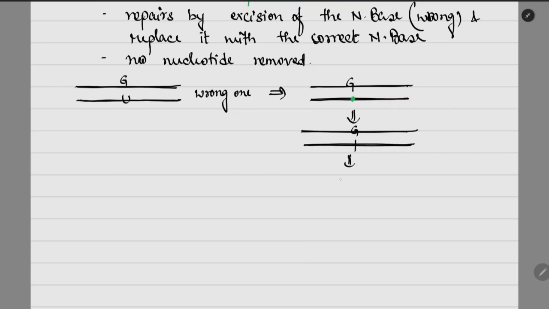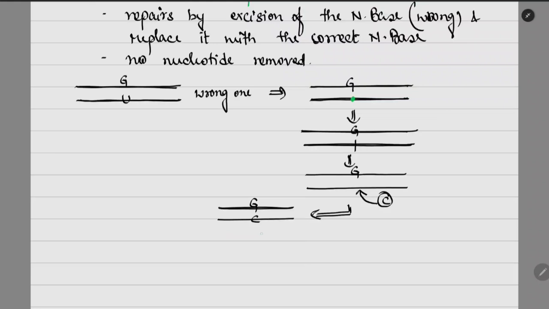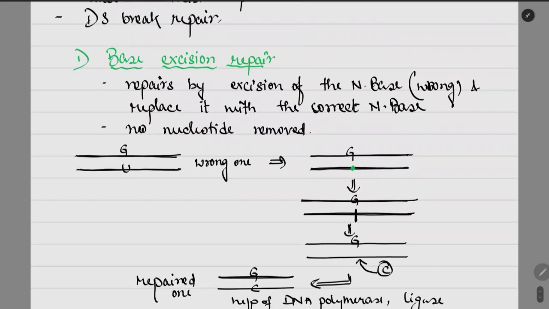Now the new one comes here, C comes here, and with the help of DNA polymerase, G and C pair, and another enzyme, that is ligase, because here a break was made. The newly formed, repaired DNA is formed. This is the base excision repair.